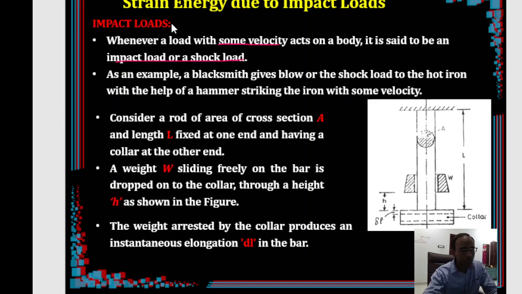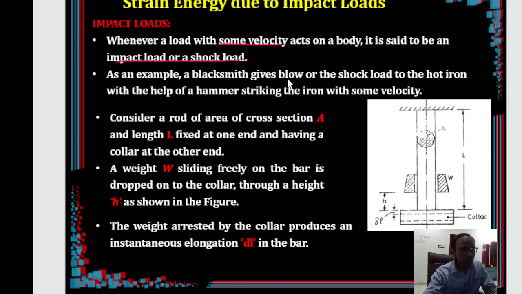That is impact load. An example can be a blacksmith with a hammer. He will be beating different objects like steel specimens. He will be cutting off to make it a steel reinforcement, right?